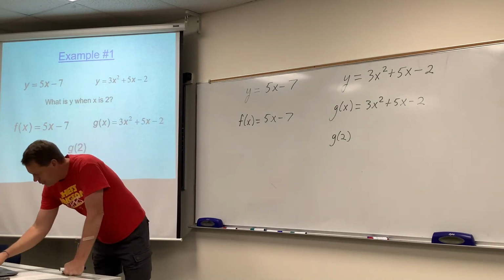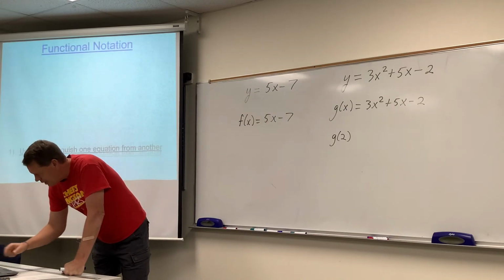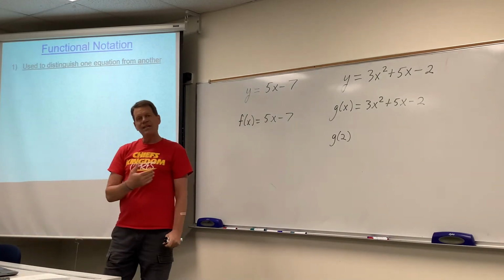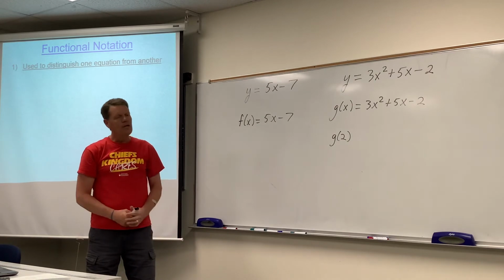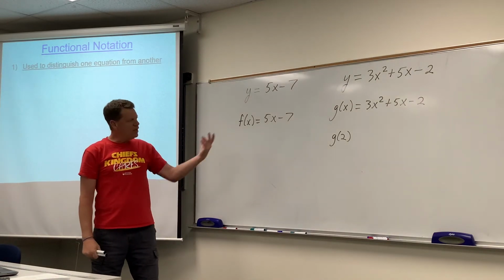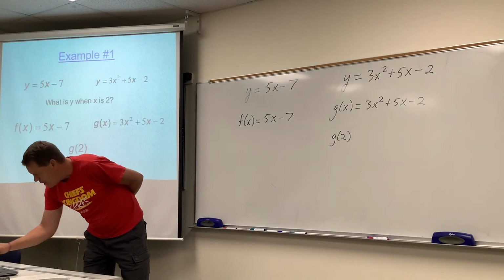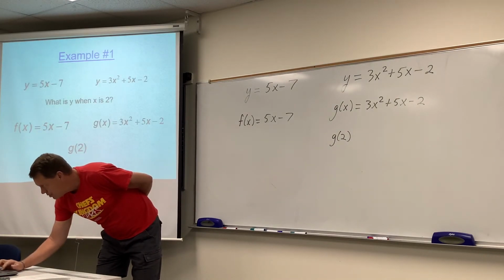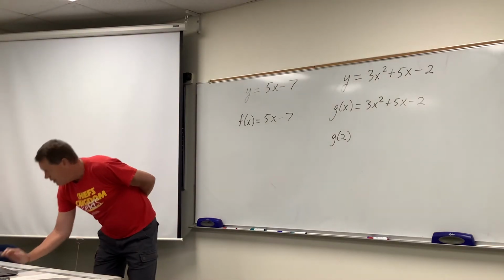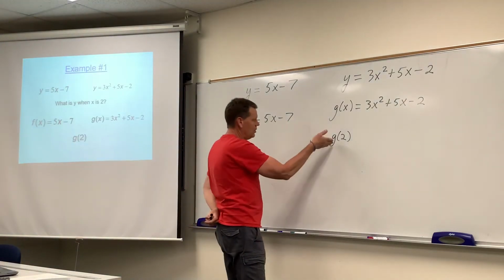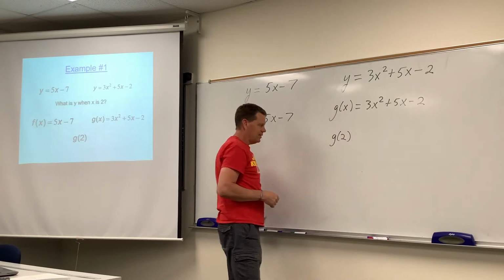So that would be one of the first things that I would say about functional notation is we use it to distinguish one equation from another. So we're about to go to the function named g and put 2 in for x. As I said earlier, that's a much cleaner, much more concise way of identifying the equation to use and what to put in for x.